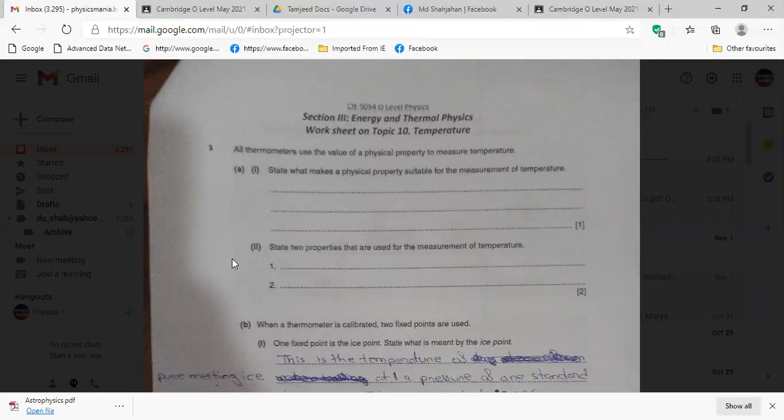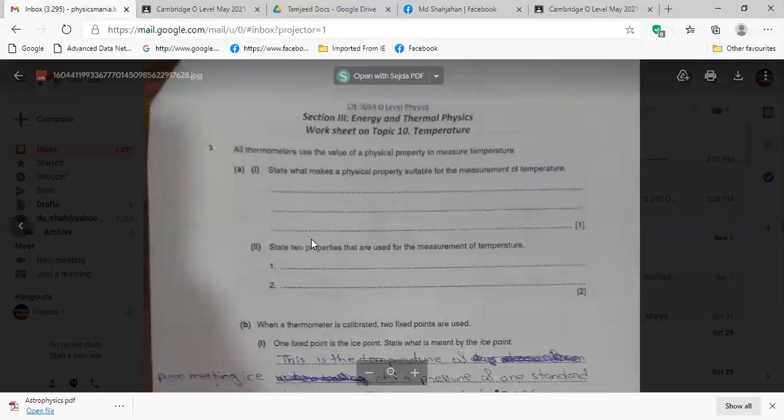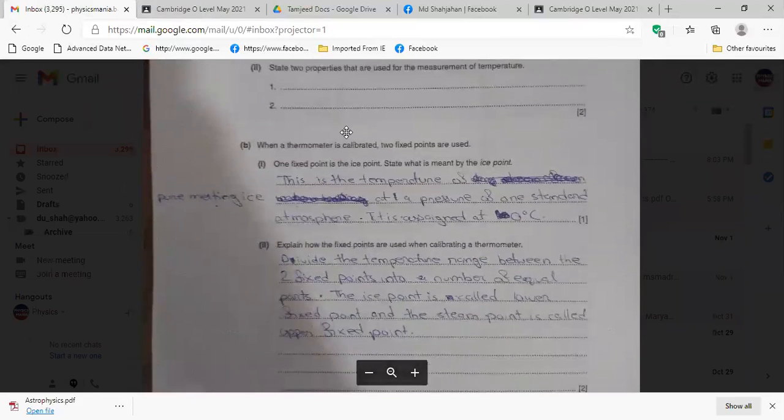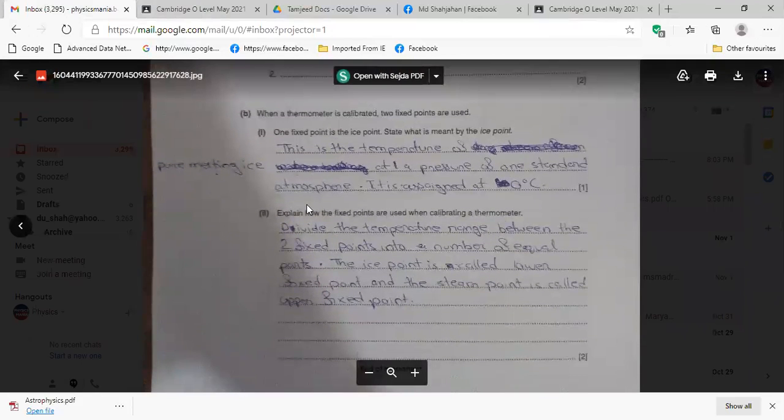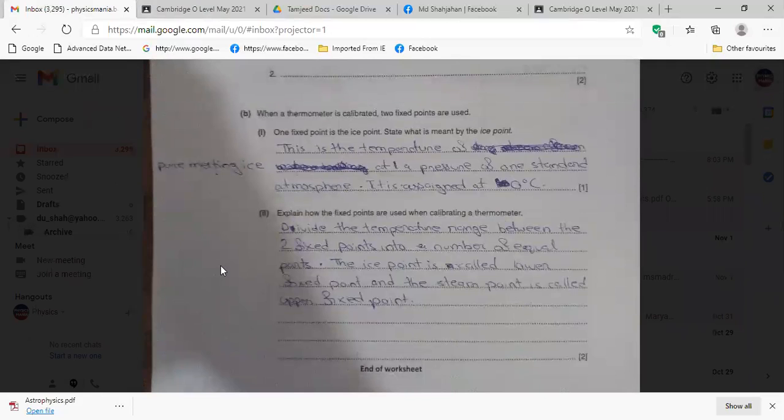This one is finished, but we did not check your answer here. We have to check, right? When a thermometer is calibrated, two fixed points are used. One fixed point is the ice point. State what is meant by the ice point. Pure melting ice.